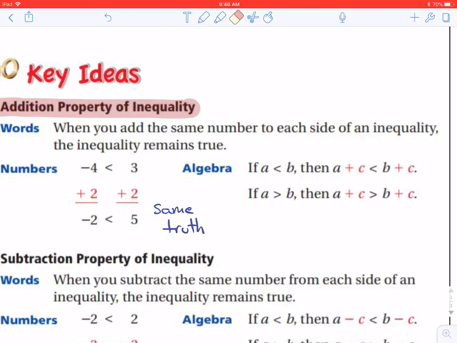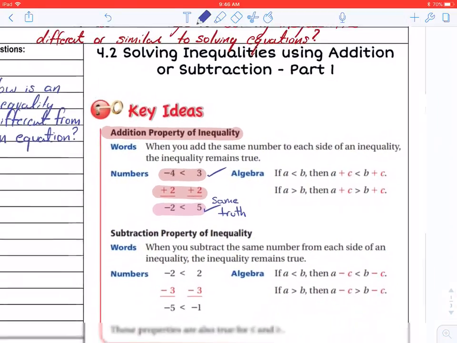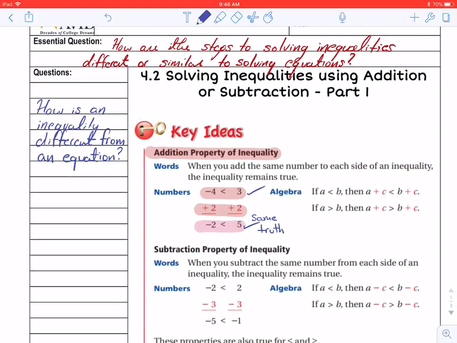And what I mean by that is that if we were to read this original inequality, -4 is less than 3, and we add 2 to both sides, we end up with our new inequality of -2 is less than 5. Now, it is true that -4 is less than 3, and adding 2 to both sides keeps this inequality true. And so that's what this is saying, that if you add anything to both sides, as long as you're adding the same thing, then it still remains true.